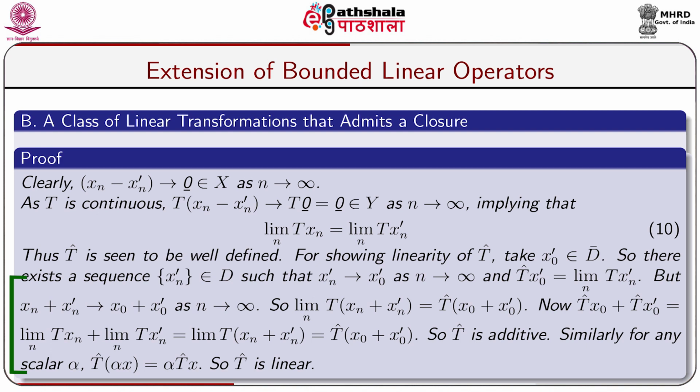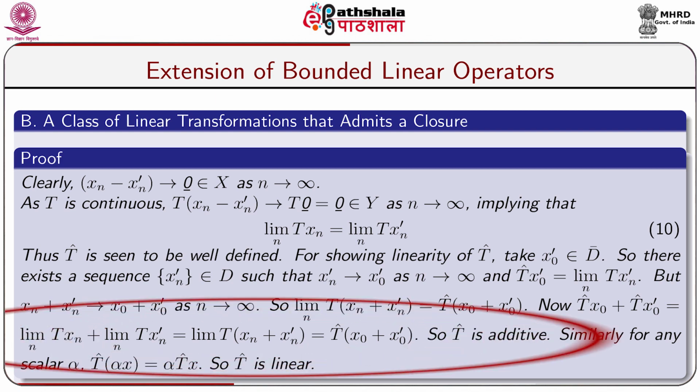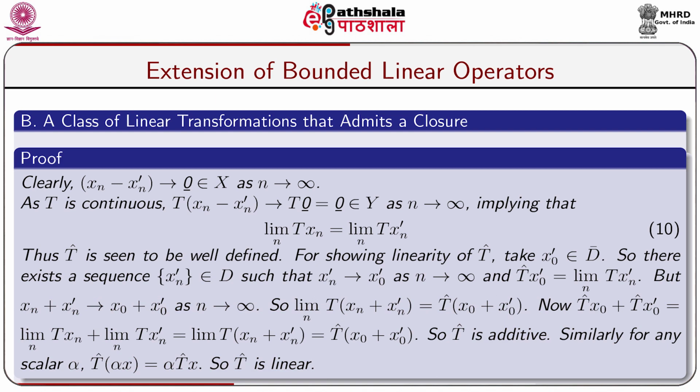Now, T hat x0 plus T hat x0 dash equals limit over n of Txn plus limit over n of Txn dash, which is equal to limit over n of T of xn plus xn dash using the linearity of T, which is equal to T hat of x0 plus x0 dash. It follows that T hat is additive. Similarly, for any scalar alpha, T hat of alpha x equals alpha T hat x. So, T hat is linear.